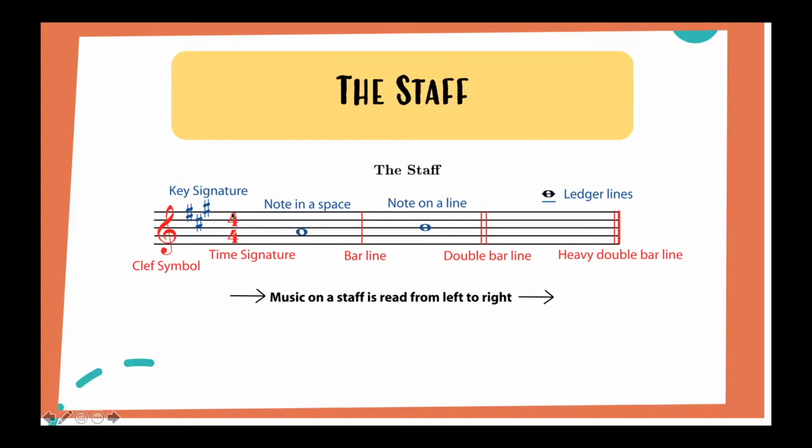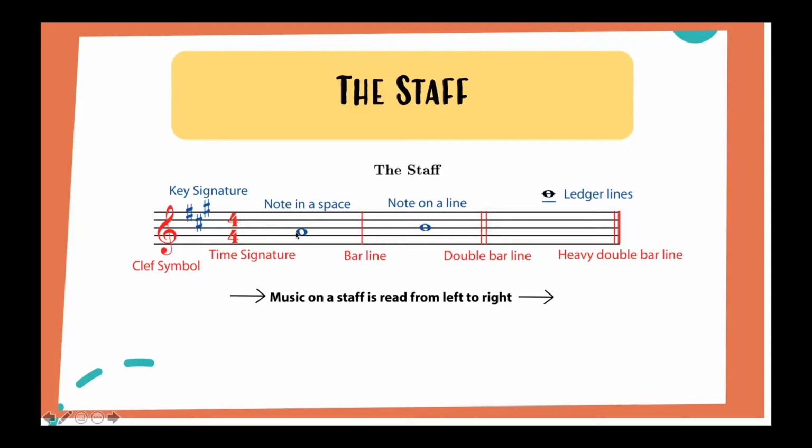Basically, this represents the meter, the metrics of the music. So it can be 1 2 1 2, or it can be 1 2 3 1 2 3, or it can be 1 2 3 4 1 2 3 4. So this is the time signature.